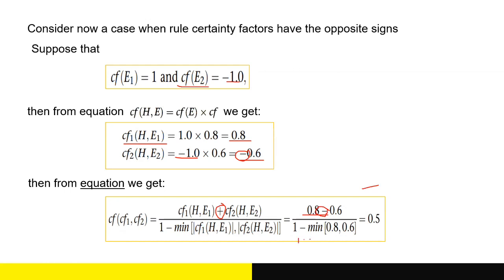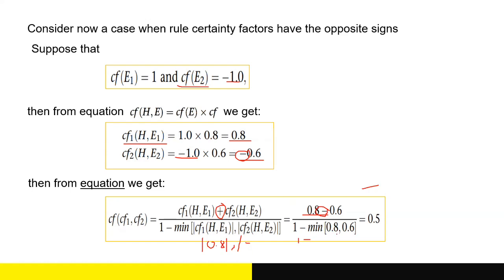So, 1 minus, so nakikita po natin dito na ang value of certainty factor 1 of hypothesis given evidence 1 is 0.8. And then absolute value, so certainty factor 2 of hypothesis given evidence 2, di ba negative 0.6 siya. Kaya po siya naging positive because of absolute value. Kaya 1 minus minimum of 0.8 and 0.6.